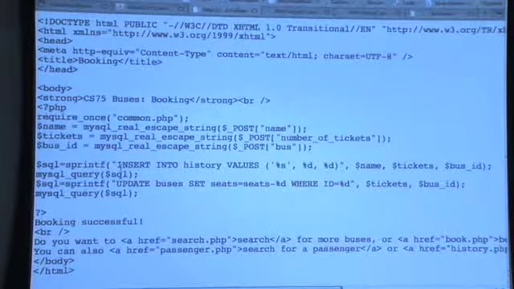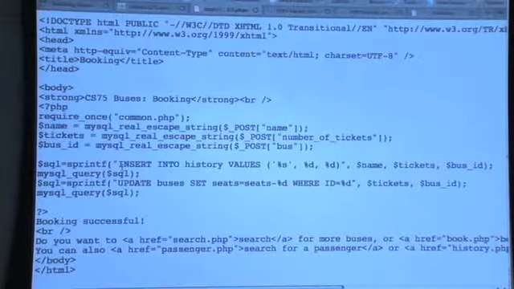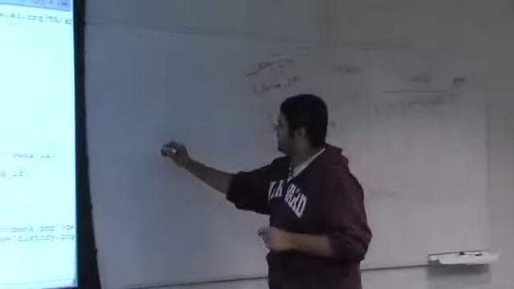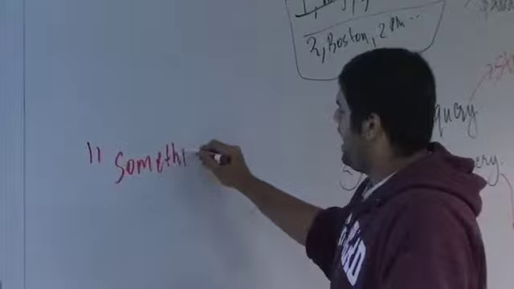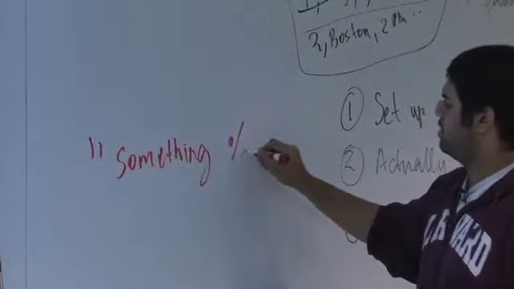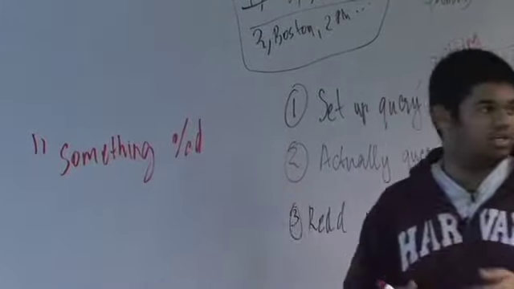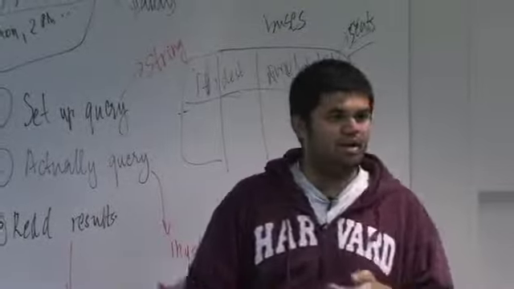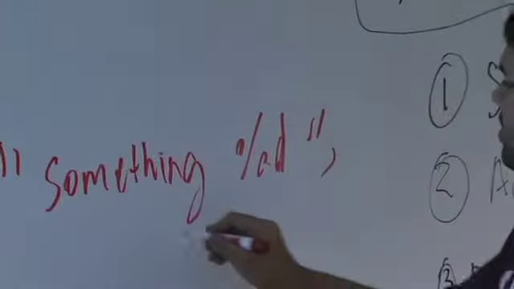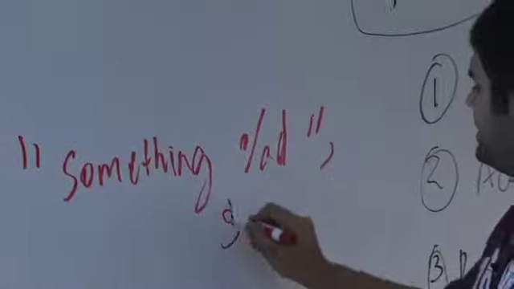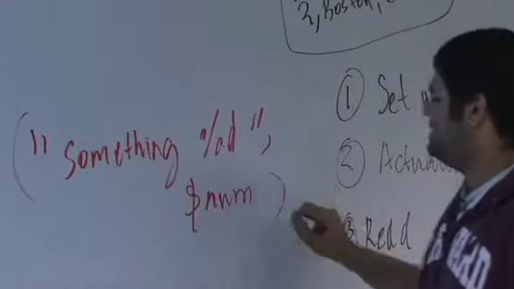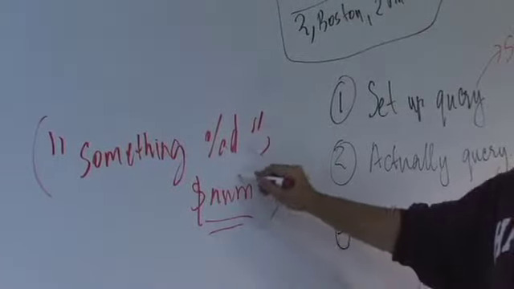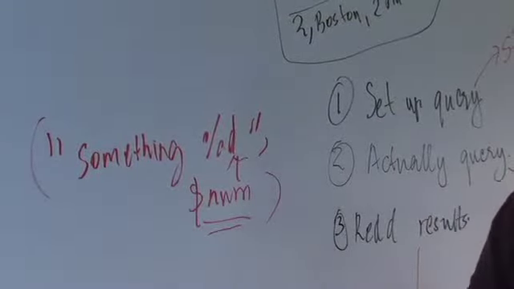If you're familiar with C or several other languages, sprintf works the same way. You have a string, and you fill it with placeholders. Placeholders are of the form % something, and you give it a variable. This takes the variable and stores it in the placeholder that we defined in the string.